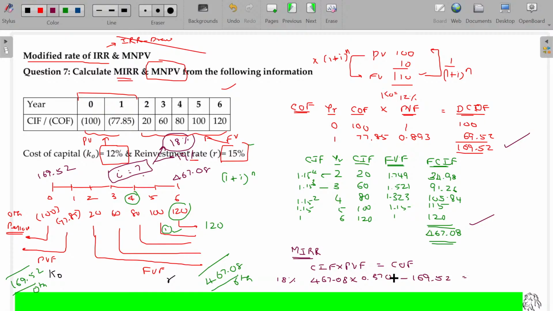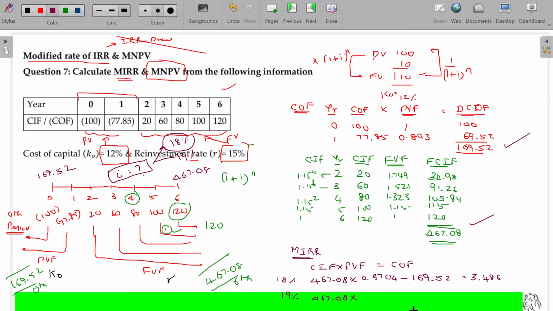I will have 4 digits. The final value in this case being 3.486. Now I can make it 19%. 467.08 into what is the PV factor at the rate of 19%? 1 divided by 1.19 for the 6th year. Year 1, year 2, 3, 4, 5, 6.